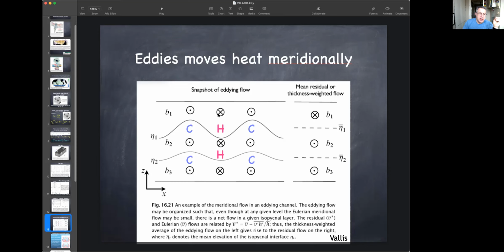So the thickness weighting allows us to see that different layers might actually be transporting north or south, even though in the zonal mean at a particular depth, there's no net transport north or south. The reason that's important is because each of these layers has hot or cold water in it. So this net transport actually is a transport of hot water in one direction and cold water in the other direction. If that makes sense.